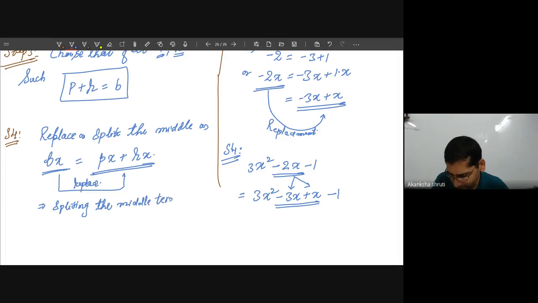This is very important, so please understand it carefully. In step number 4, we have replaced the middle term by the sum of two terms, which are the factors of the first and third term.